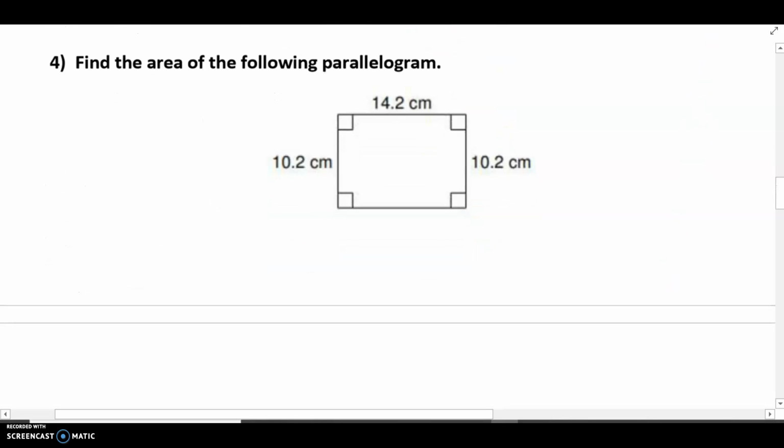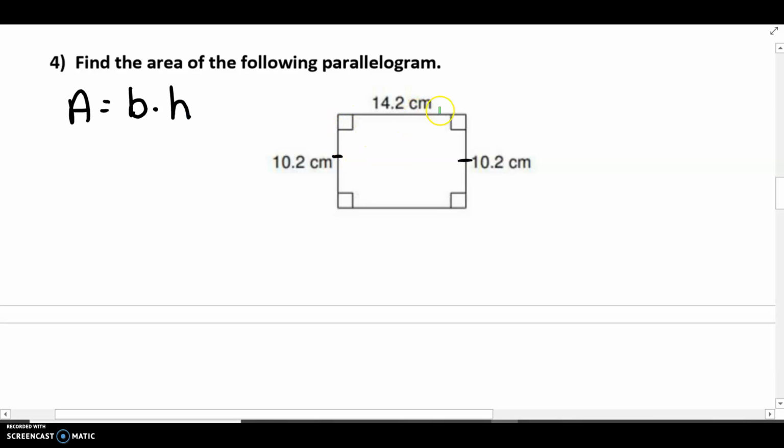Find the area of the following parallelogram. Now this parallelogram is actually more specifically a rectangle. Hopefully you realize that. I see that these two sides are congruent, and while they don't show me the other two are congruent, the four right angles tell me that they would be. So again, area equals base times height.